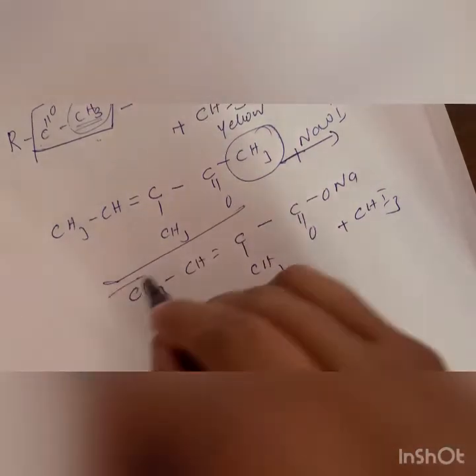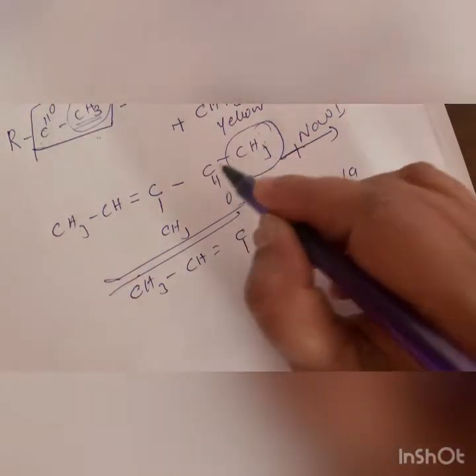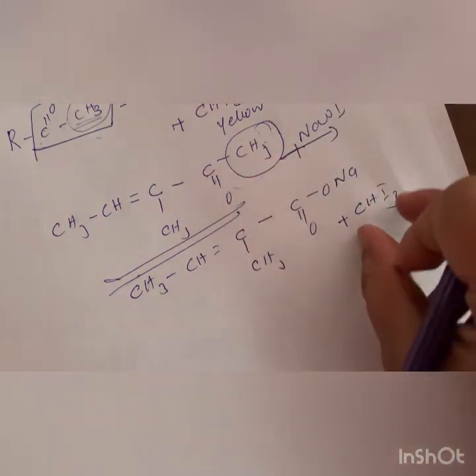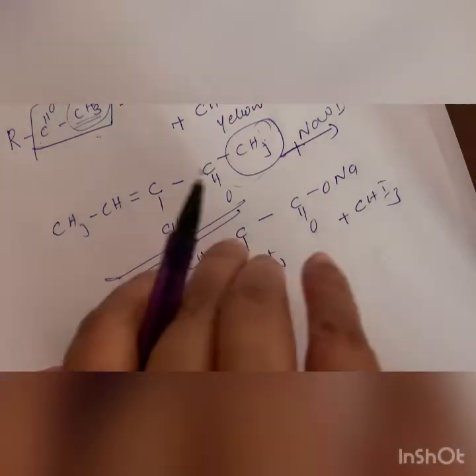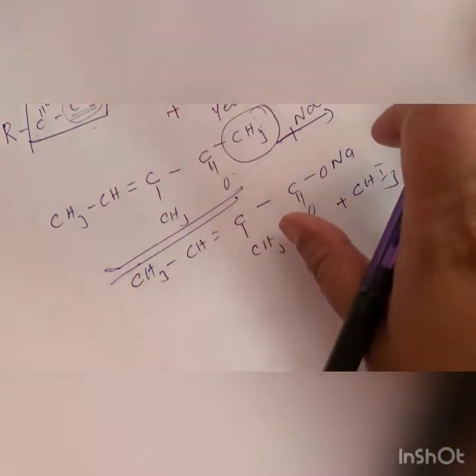Irrespective of the rest, the methyl group attached to the CO group will change to CHI3, and ONa will come in its place. Only one condition is there: one methyl group should be attached to the carbonyl carbon, then only the iodoform test will be answered.